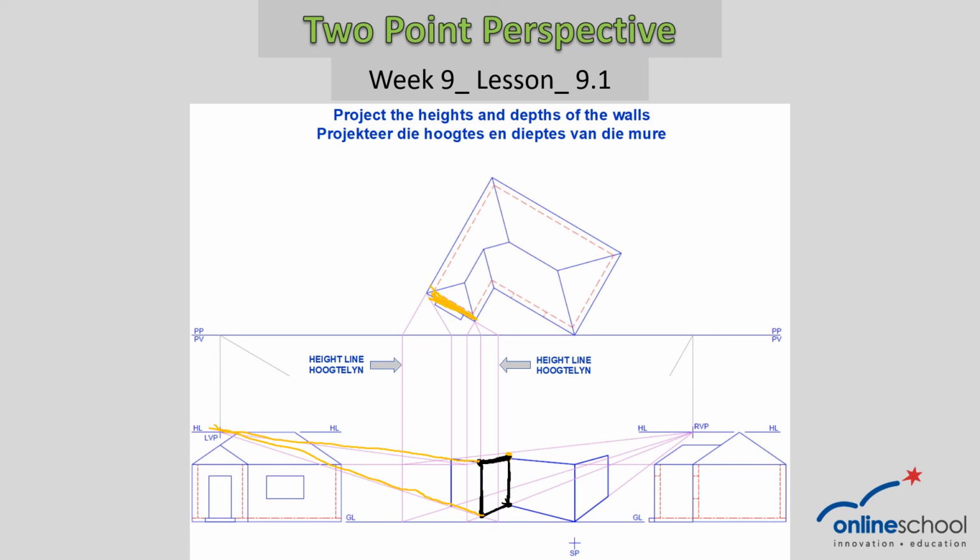So now how do we know how deep it goes? In that example, we're going to go to the top left corner, at the far left corner of our house in the top view, and we're going to again project that towards the SP where it hits the picture plane. We're going to break it off, and we're going to go perpendicularly, 90 degrees straight down, all the way to our answer. And now already we have created the depth.